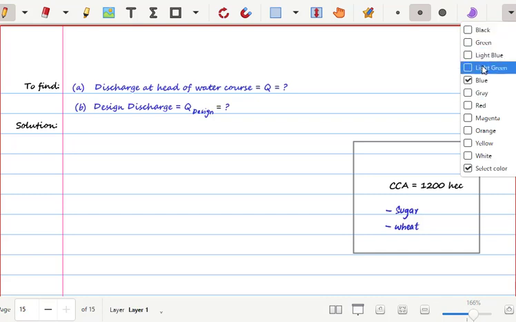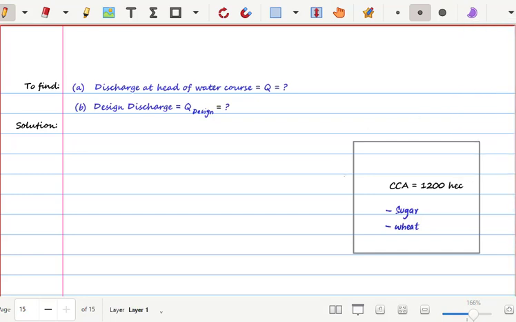So from the source, let's say green gray, okay, let's say we have a canal coming from here, from the source, which is providing water to this field.